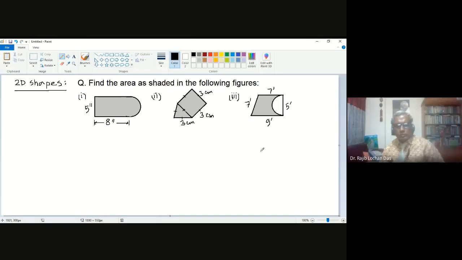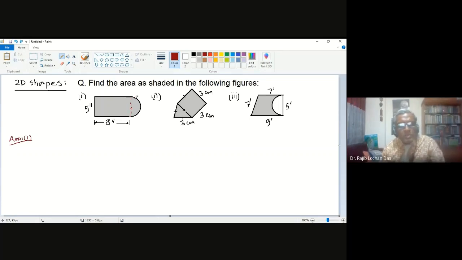So what will happen now? How will you do all this? Let me show you one by one. Think about the first one. What to do here? You will think that this is actually two things together. One thing is the rectangle, another part is the half of the circle.